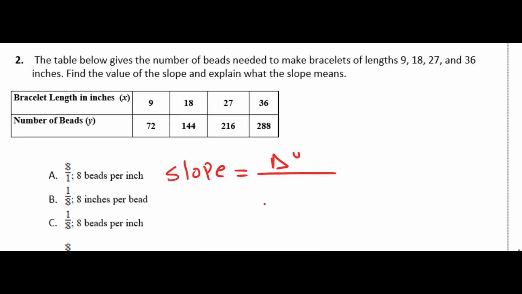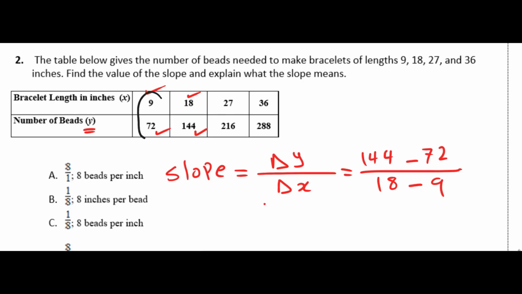Change in y over change in x. Change in y here will be minus between y and y, over x minus x. For example, take this y, take y with y, 144 minus 72, over take x with x here, 18 minus 9.